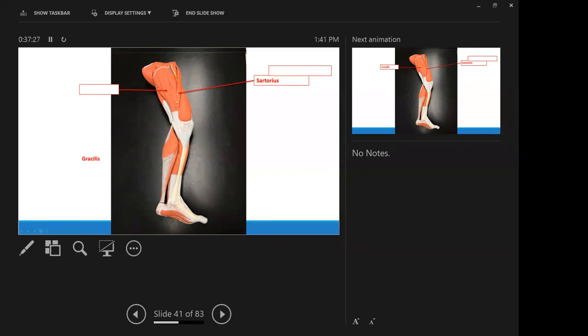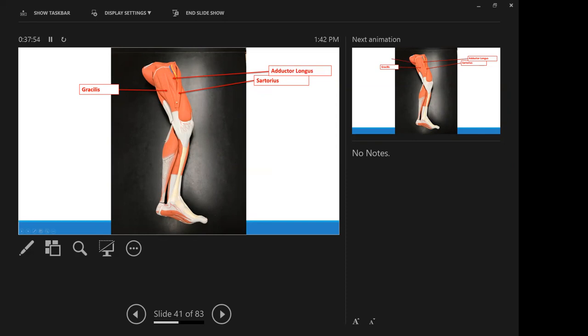Adjacent to it is a muscle that runs from the inguinal region up near the groin all the way down to the inside of the knee. It's called the gracilis. This is going to stabilize our thigh and allow us to rotate. Underneath the sartorius is a muscle called the adductor longus.